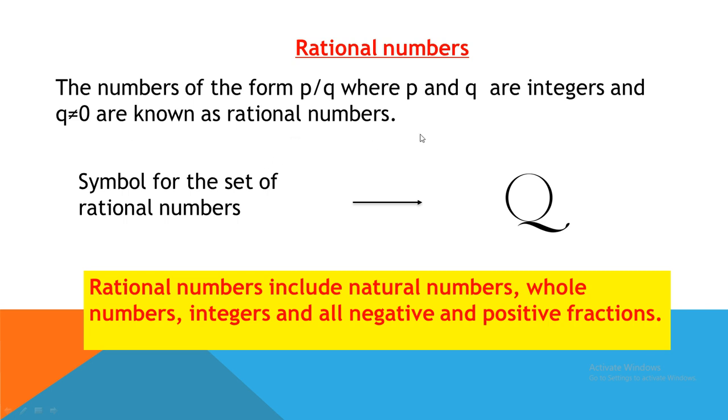We will represent the set of all rational numbers with the symbol capital Q. And we all know that rational numbers include all natural numbers, whole numbers, integers, and all negative and positive fractions.